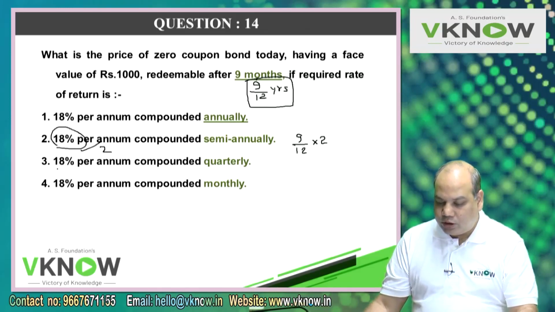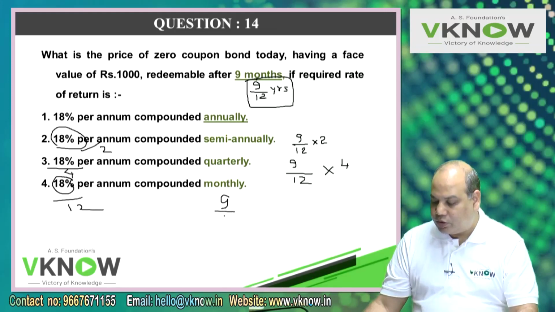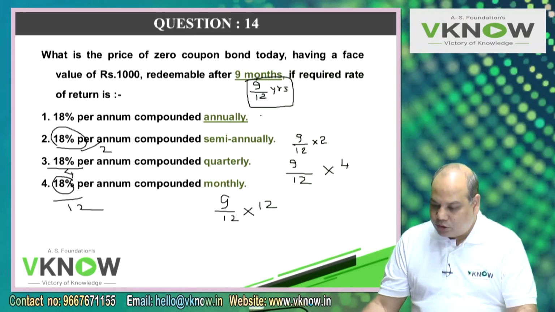In case of quarterly compounding, we divide the rate by 4 and the number of years 9 by 12 will be multiplied by 4. In case of monthly compounding, we divide by 12 and the number of years 9 by 12 will be multiplied by 12.